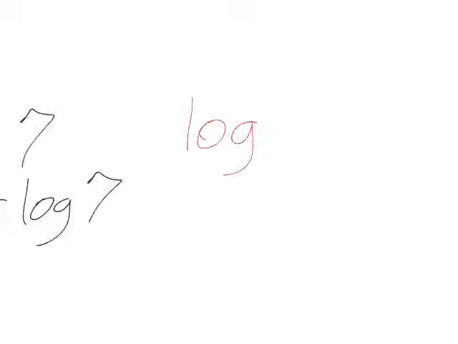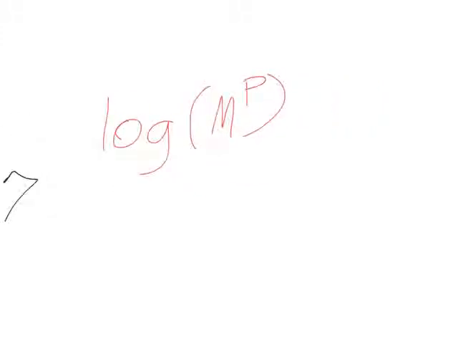It can be any base. I'm just going to use common log, like the log we're using right now. The argument is going to be something raised to a power. You saw this in videos from section 4.4 where we were expanding and condensing using properties. So that's equal to p, the power, times the log of m.